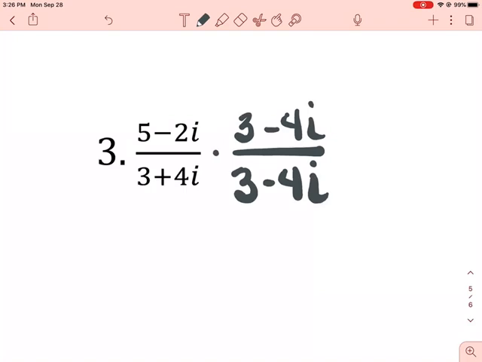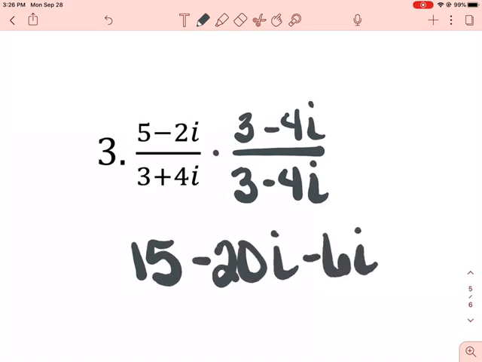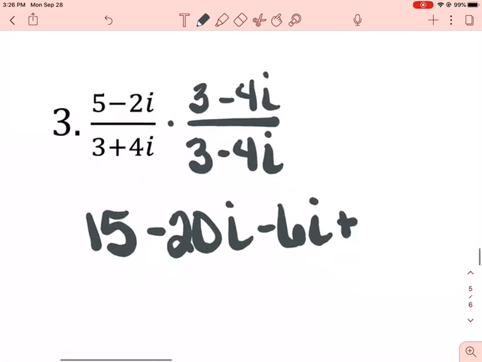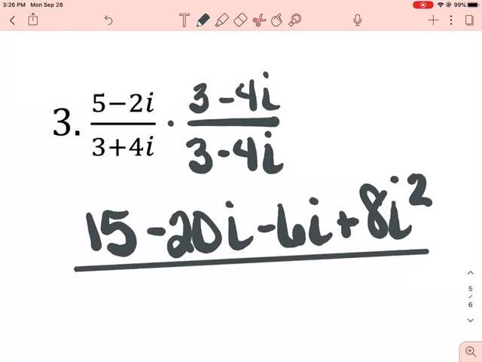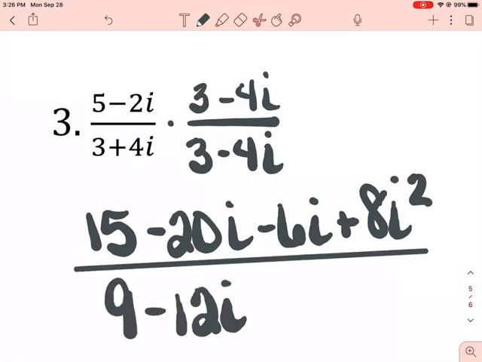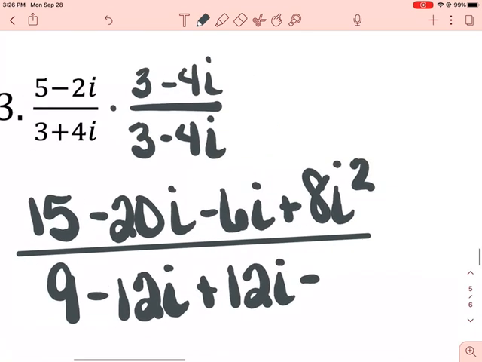Okay, we're going to multiply, which means we're going to do whatever method you're most comfortable with, split, distribute, FOIL, box, whatever. So this becomes 15 minus 20i minus 6i plus 8i squared all over 9 minus 12i plus 12i minus 16i squared.